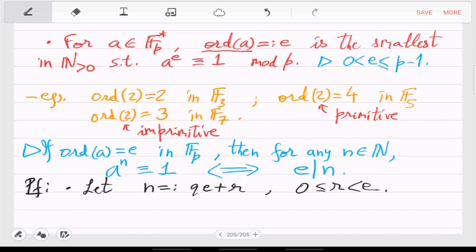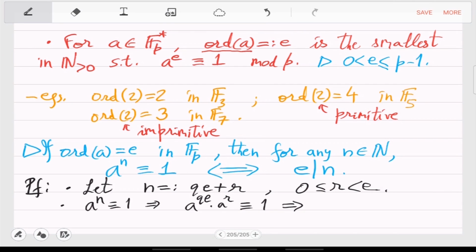Let us divide n by e and let r be the remainder. So it is between 0 and e minus 1. Now a raised to n equal to 1 implies that a raised to qe times a raised to r is 1, which implies what?